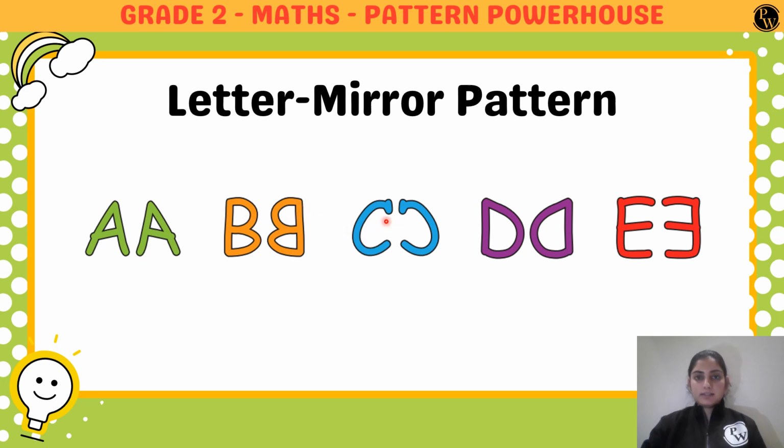Now we have the next letter C with its mirror image. In the same way, we have letters D and E with their respective mirror images, right? So here the alphabets are arranged in alphabetical order and they are growing as we have in our alphabet. So it is forming a growing pattern in the letter mirror format.